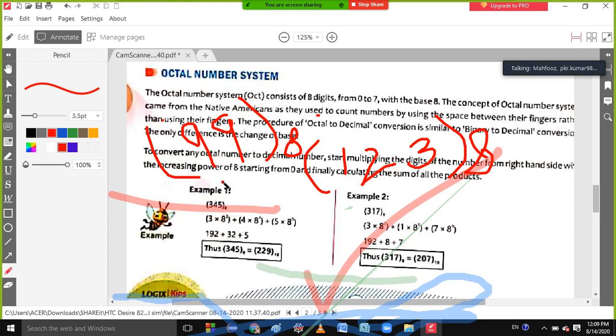Very nice answer, I'm very happy to hear this. This is not an octal number because this number has the digit 9, and 9 does not belong to the octal digits. You will watch my video on YouTube also.